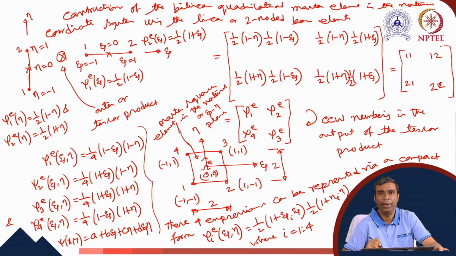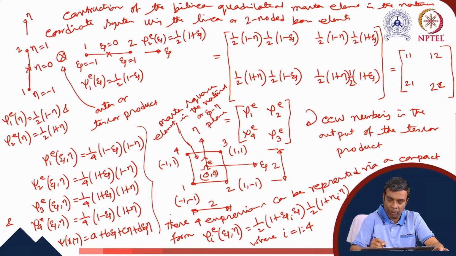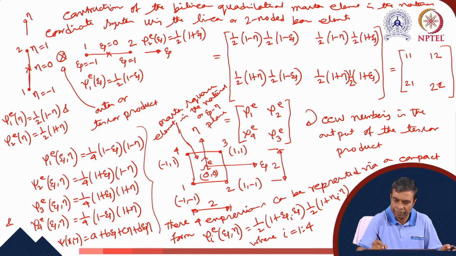When we put i equals to 1, then we get psi 1 e of xi eta. Then in the right hand side first term, we have to write 1 plus xi 1 xi. Now xi 1, in this case, is minus 1, and in half of 1 plus eta i eta, for the first local node, eta i is also minus 1. So easily we understand that we get the desired product 1/4 of 1 minus xi into 1 minus eta for the first shape function. Here it is clockwise.